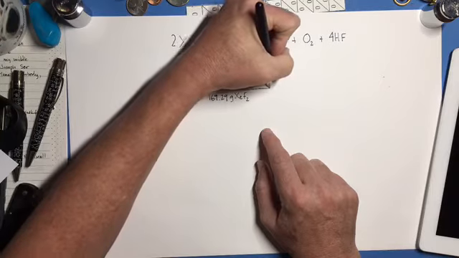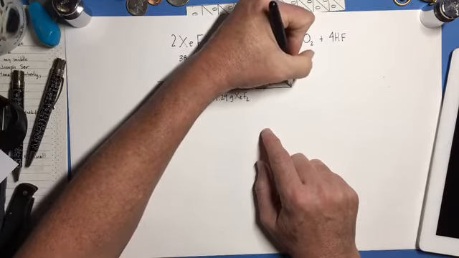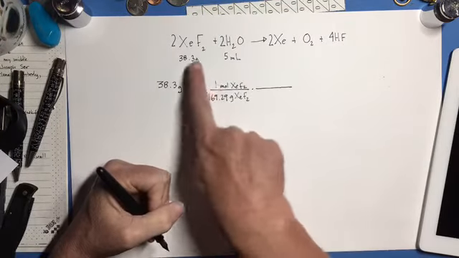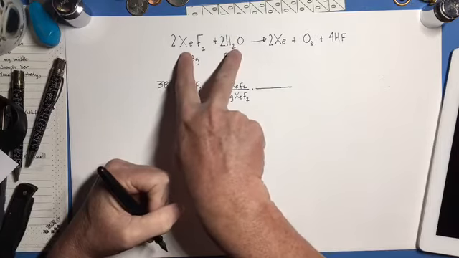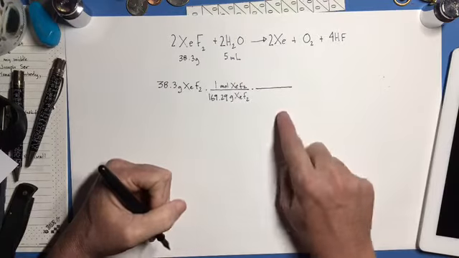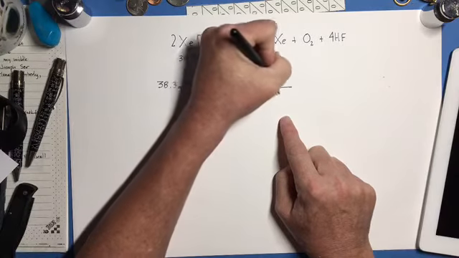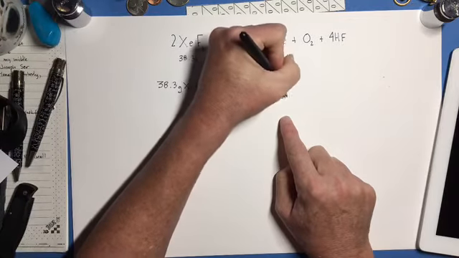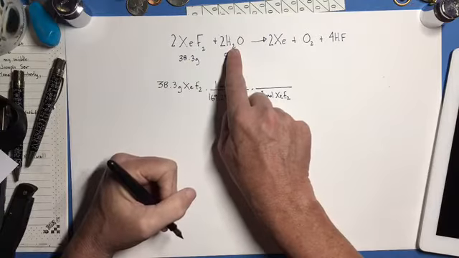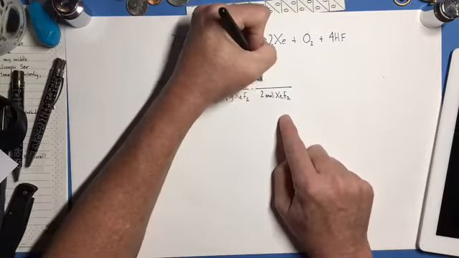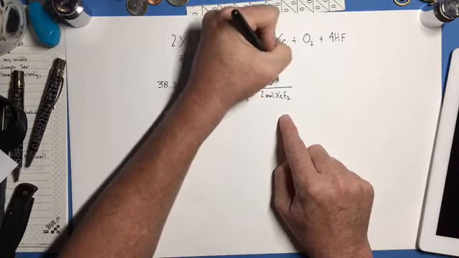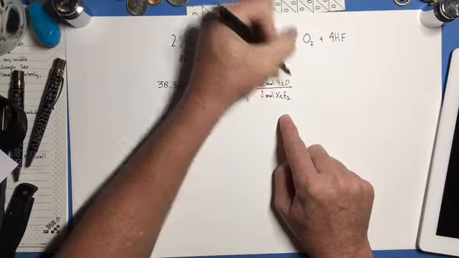Now I'm interested in how this is going to compare to our water here. So using my balanced equation, I can now go from moles of xenon difluoride, so 2 moles of xenon difluoride, to 2 moles of H2O.